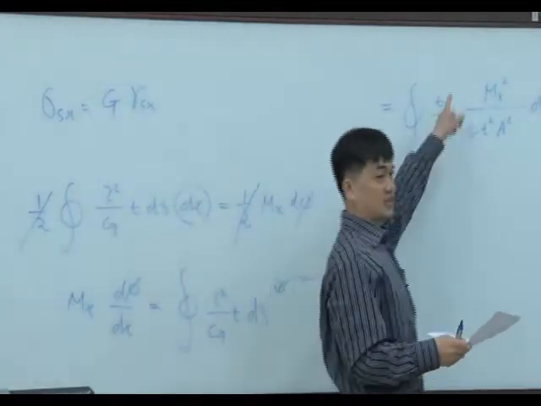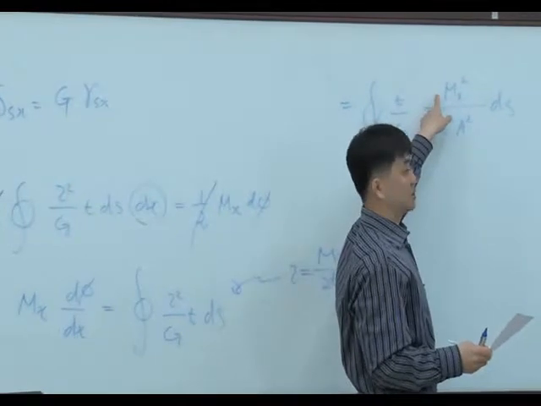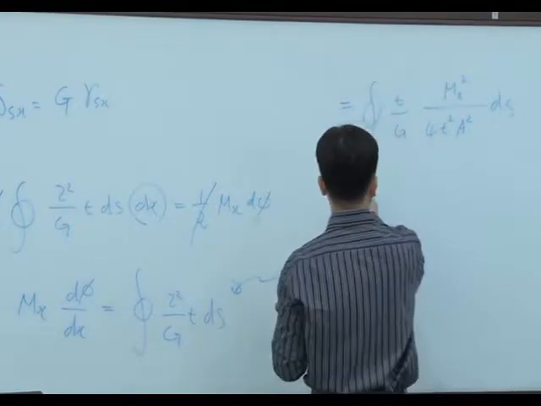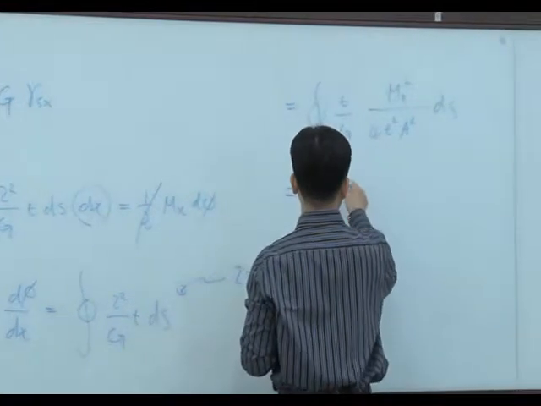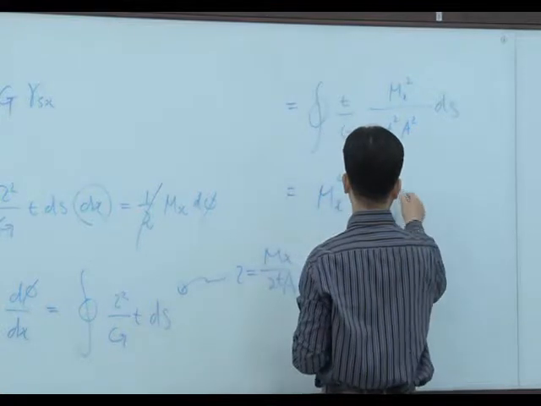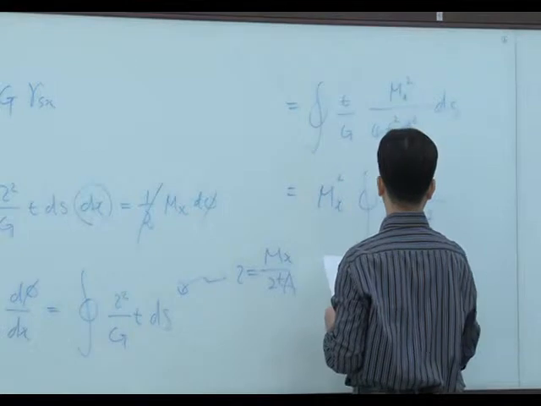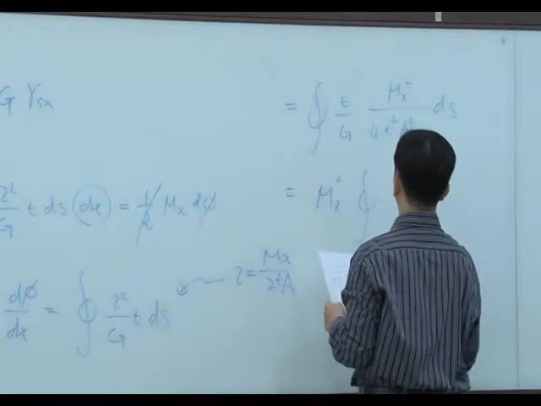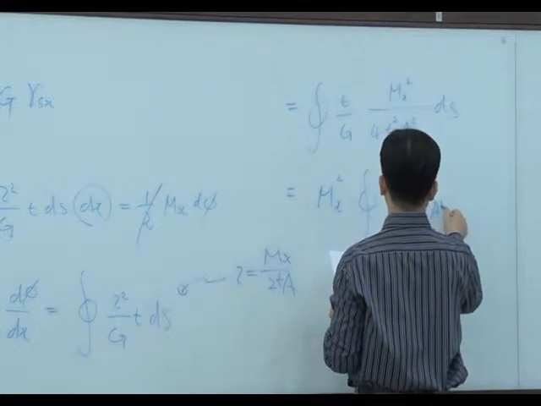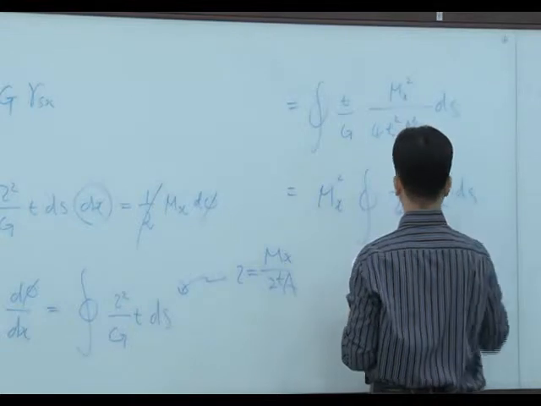Here Mx is a constant, so it can be outside of the integral. And this becomes Mx squared over 4G A squared times the integral of 1 over t ds.